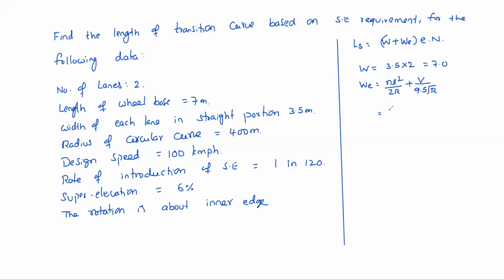N number of lanes 2, L wheelbase 7 square by 2 into radius of the curve 400 meters plus V design speed 100 kmph by 9.5 root 400.